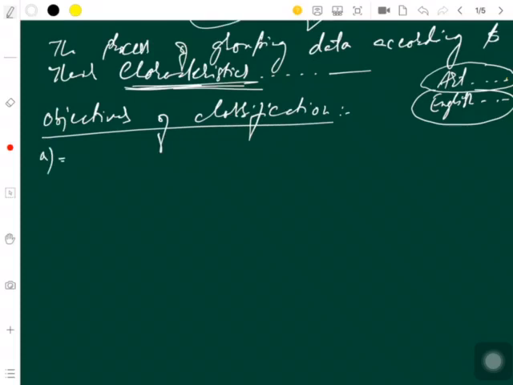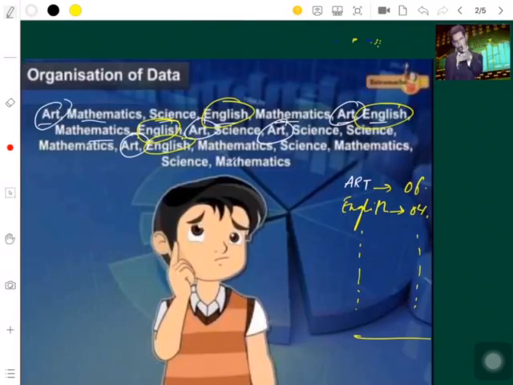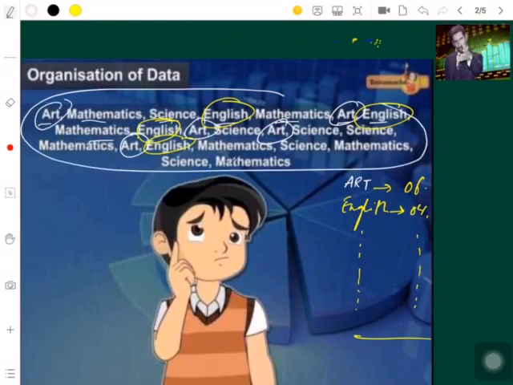Objectives of classification can be summed up in different categories, but our main objective to organize, to classify the data is to simplify what? Complex data. Got it? The data we have here is in a complex form.